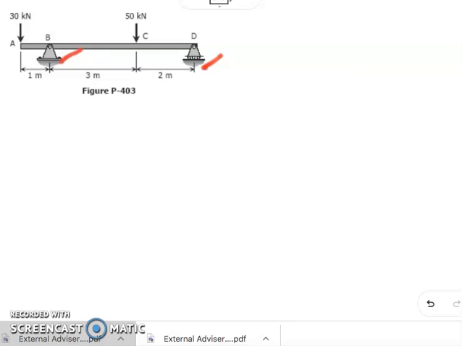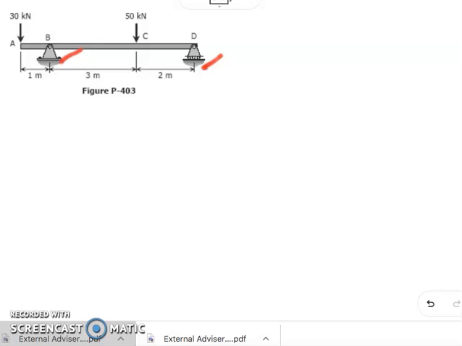To identify those, we first have to know the reaction forces at point B and at point D. So how do we compute the reaction forces at point B and point D? We have to consider the load diagram, which is given.